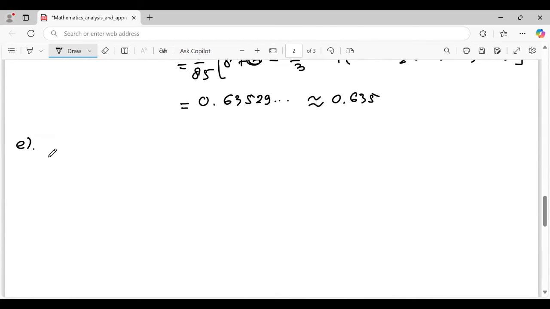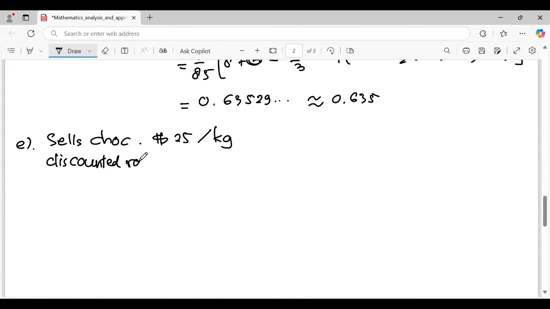I would like to start from the shop selling chocolate at $25 per kg, and then the discounted rate for chocolate, which is $24 per kg.